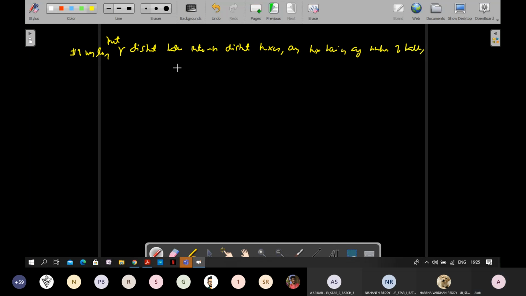So in balls and box language I will say the answer of r distinct balls into n distinct boxes, the number of ways to put r distinct balls into n distinct boxes, any box having any number of balls, and the order of balls inside boxes is significant or matters.